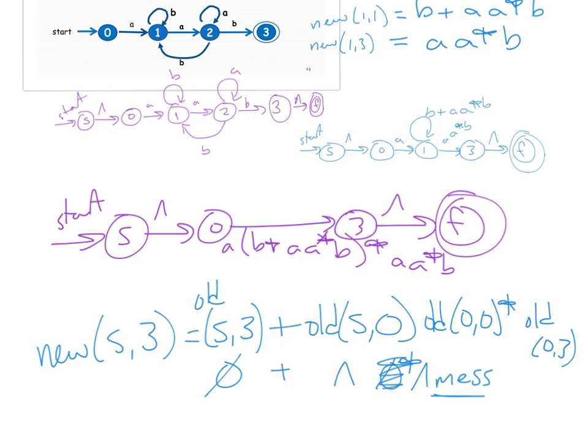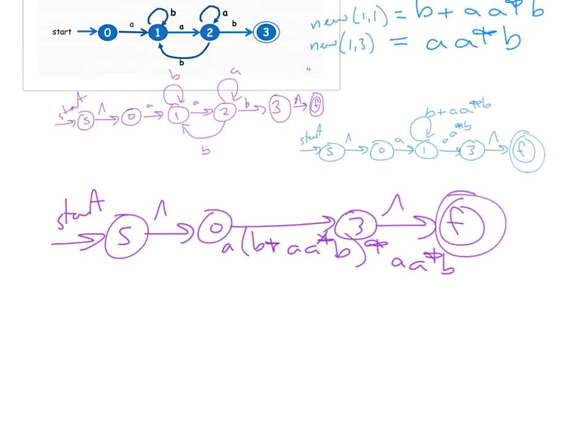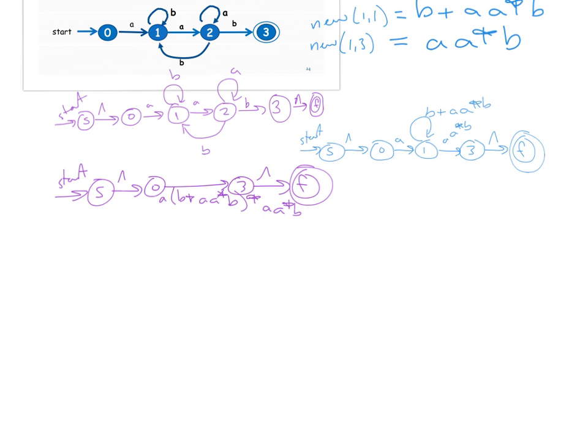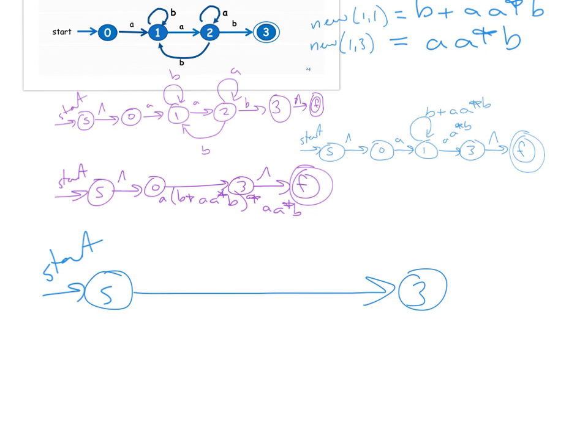Alright, so let's clean this up a bit. If we shrink that down a bit here, what we did was we said we now have our start state with a big circle around it, and we'll have our big transition to 3, and then there will be a lambda to our F state.